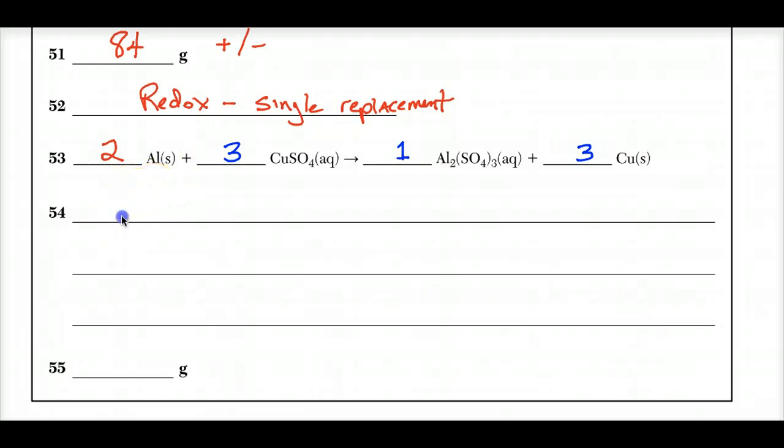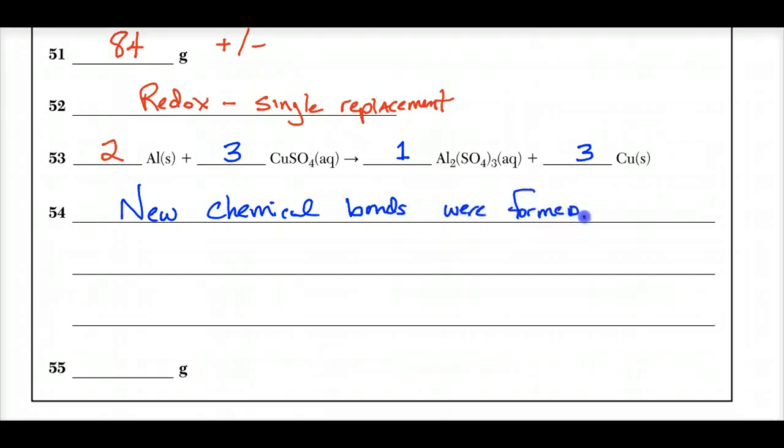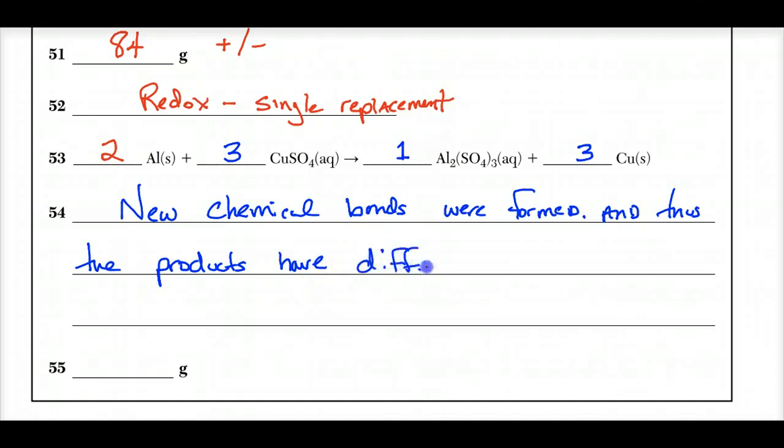So I would say that new chemical bonds were formed, and thus the products have different chemical formulas than the reactants.